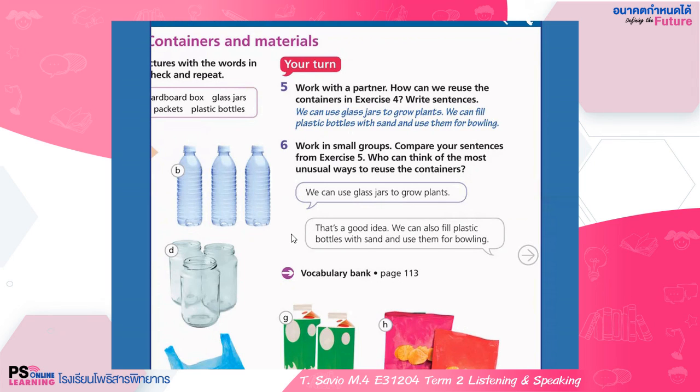We can also fill plastic bottles with sand and use them for bowling. So, the most creative ideas will be interesting to show how we can recycle things that are left at the beach after people have finished. For example, they finish drinking a bottle of water and then they just throw it on the beach.